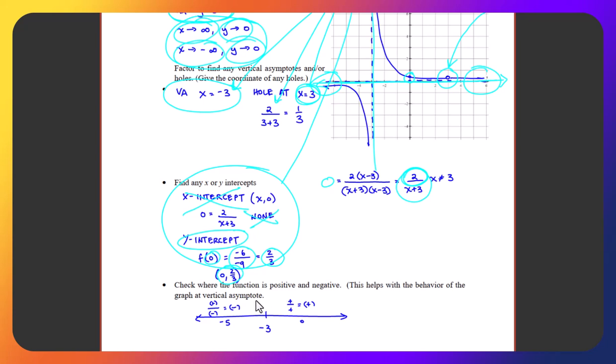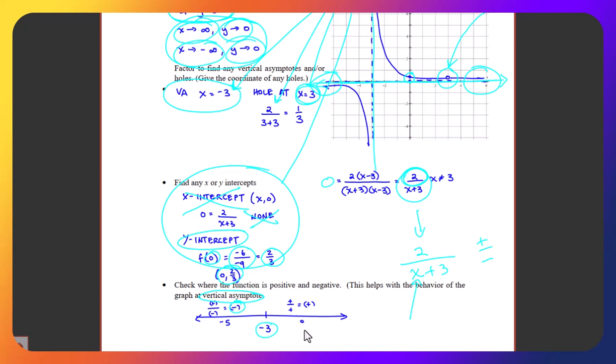Critical values are at the vertical asymptote and x-intercepts, but because there isn't an x-intercept, all we have to worry about is the vertical asymptote. To the left of negative 3, like if I plugged in negative 6, 2 over x plus 3, I get a positive over a negative, and that's a negative.